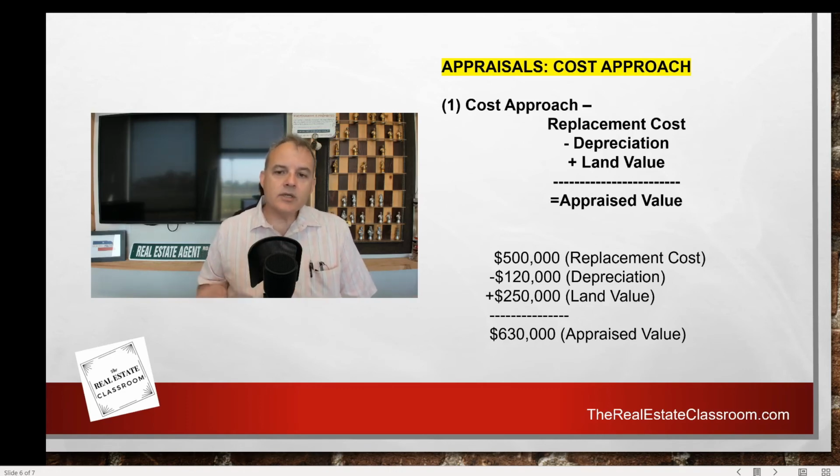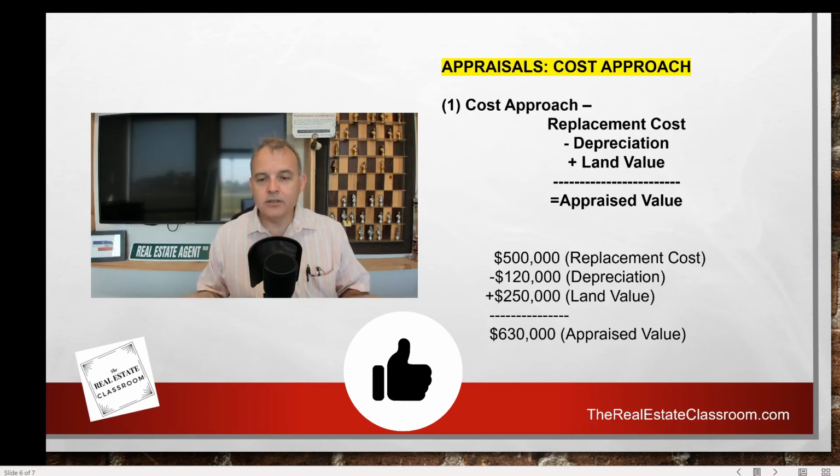So $500,000 replacement cost. The appraiser has determined the subject property, the current church that we're trying to determine the valuation on, has $120,000 in depreciation. Now remember, we only depreciate the improvements, not the land. We never depreciate land, period.